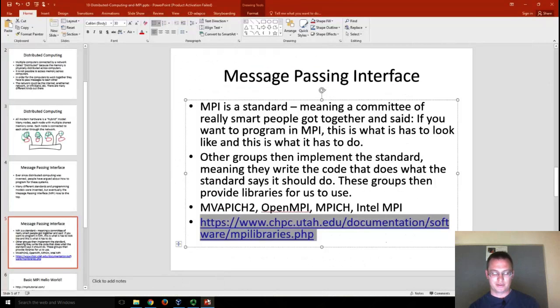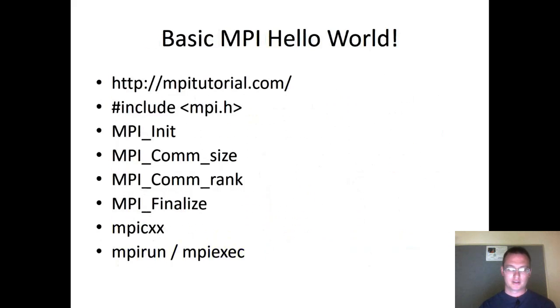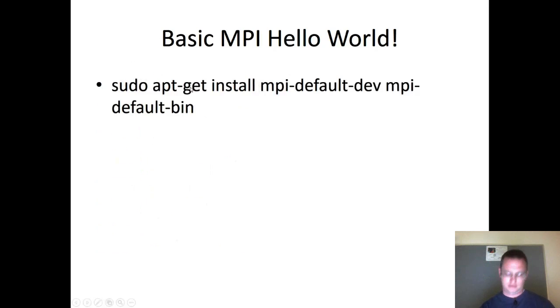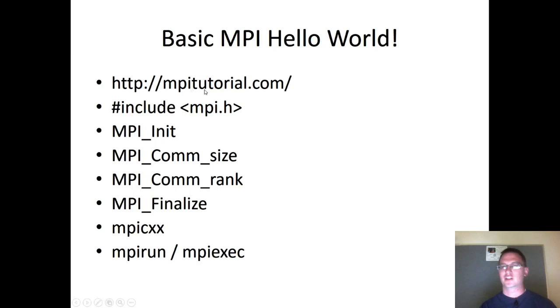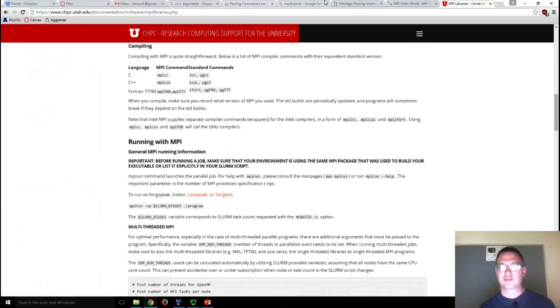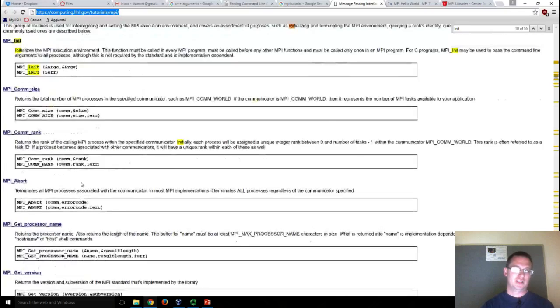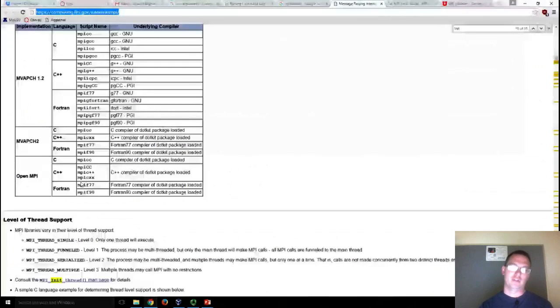So back to the presentation that apparently broke. All right, so there are a couple of tutorials. There's this one, which is actually pretty good, called mpitutorial.com. And there's another far more technical one put out by the Lawrence Livermore National Lab here, but they detail everything.